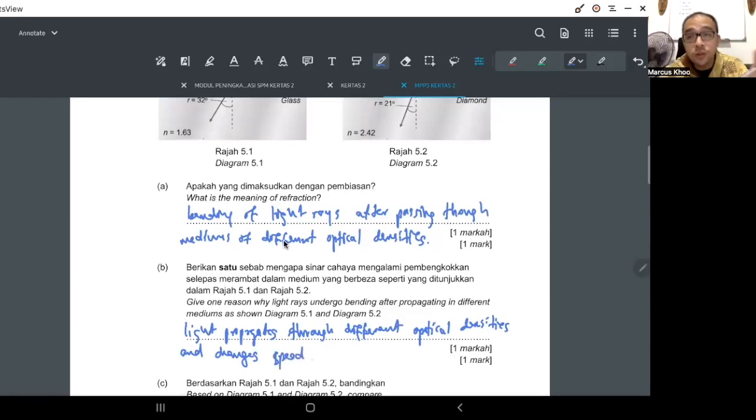As it goes through a different optical density, it will change the speed. That's why the light bends.